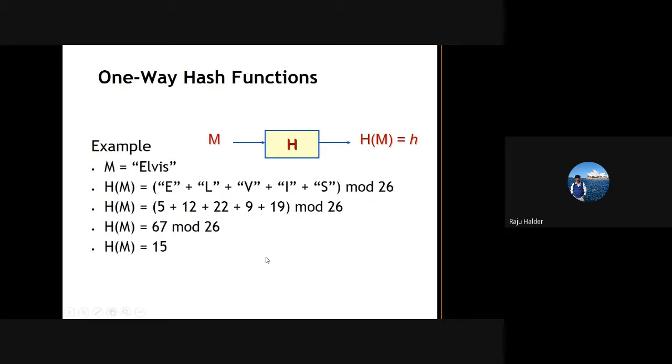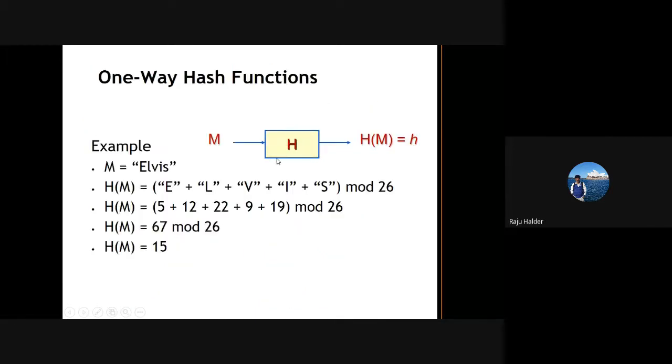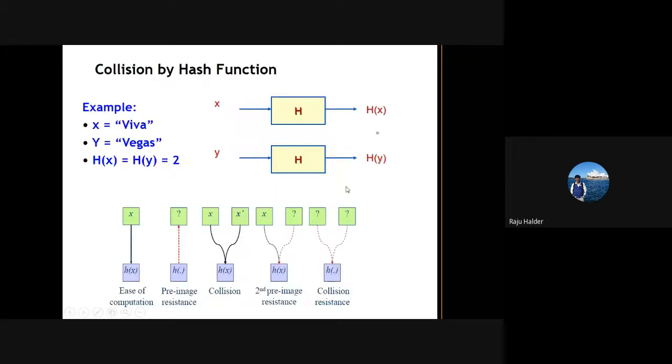Let me give you one example here. Here you can see that I have two different inputs. This X input is this one, Y input is this one. And the same hash function I defined here, I have applied here. In both cases, you can find the inputs are different, but the outputs are the same. And this is called collision.